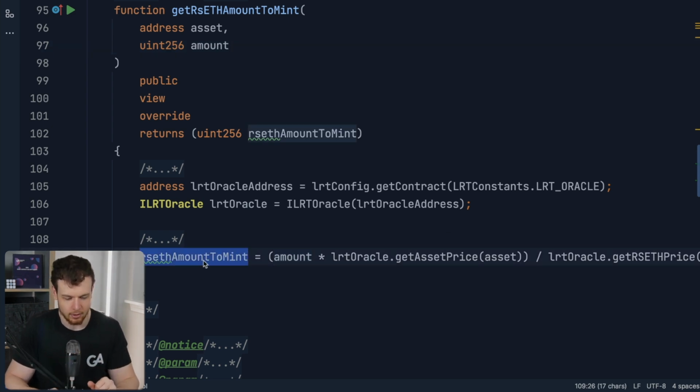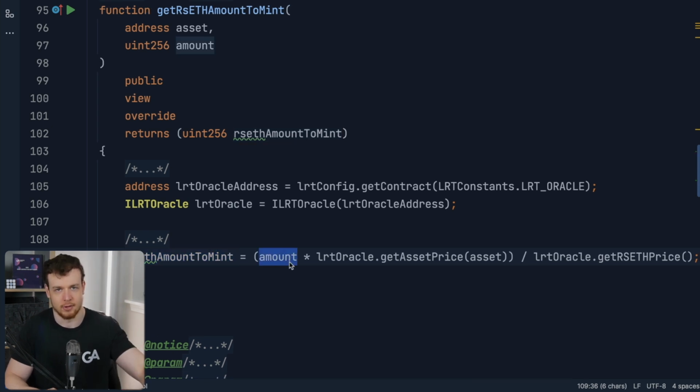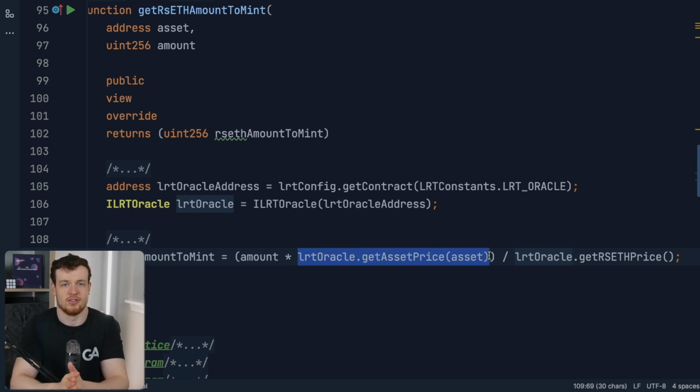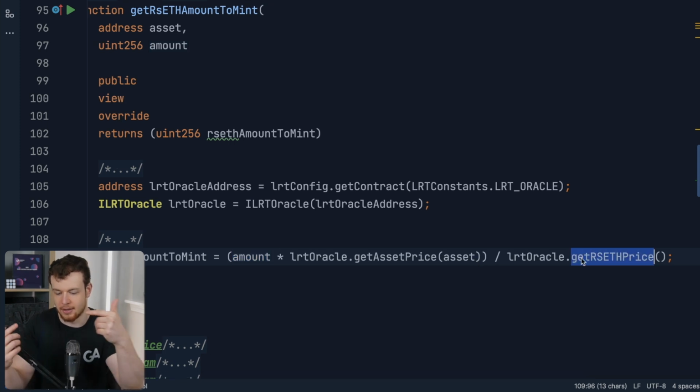When we're calculating the RS ETH amount to mint, we're taking the amount, which is an amount of like our Lido staked ETH, and we are multiplying it by the price of this asset. So we're getting the Oracle price, and this is going to be a price in terms of Ether. So how much Ether is this Lido staked ETH or whatever asset worth? And then we're going to divide by the RS ETH price, which is also a price denominated in Ether.